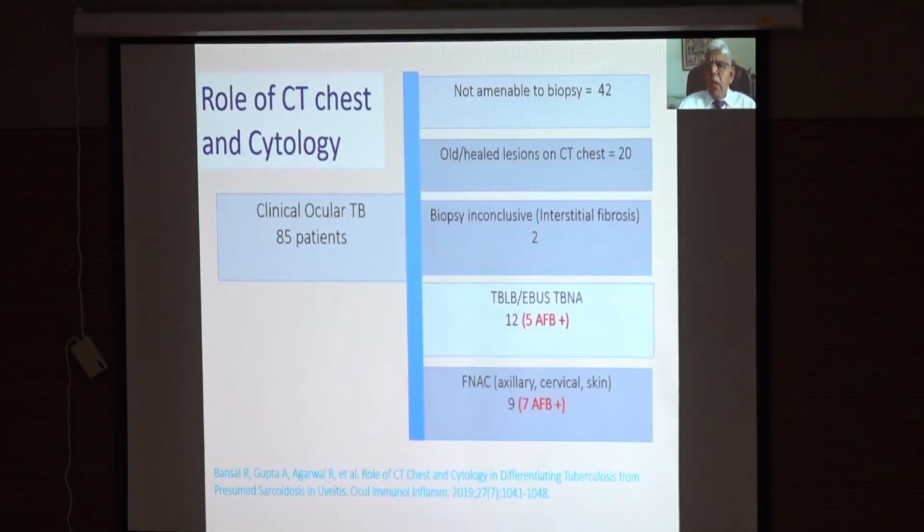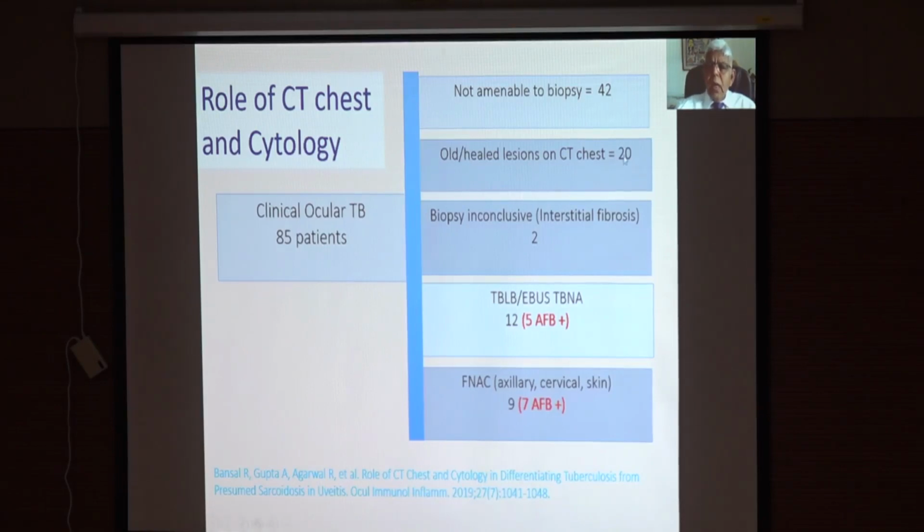Some years ago, we looked at our own set of patients, whom we suspected clinically to be strongly suggestive of TB uveitis, and we found that nearly half of these revealed lymph nodes in the chest which were sub-centimetric, which could not be biopsied for confirming the presence of TB pathology in these nodes.